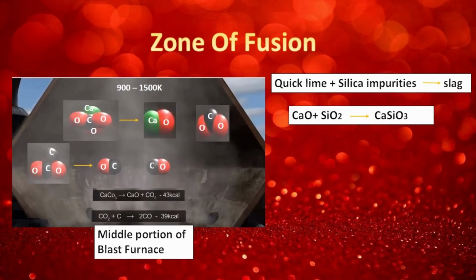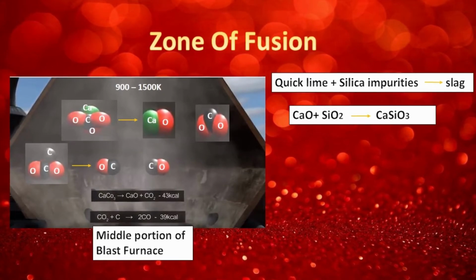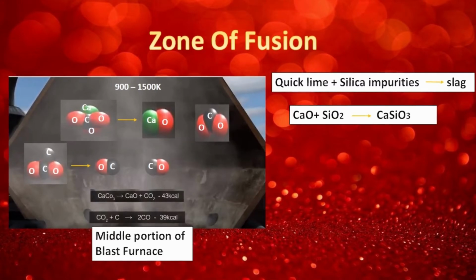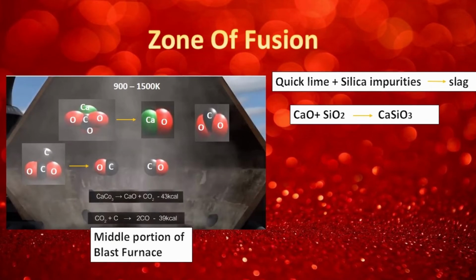Now let's see what happens in the middle region, that is zone of fusion. The carbon dioxide produced in the lower region will rise up and in this region it will react with unburnt coke to produce carbon monoxide. The carbon monoxide produced in this region will reduce the iron oxide to molten iron.